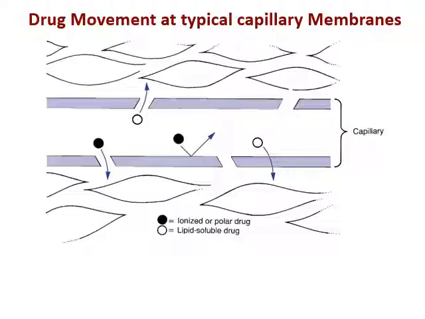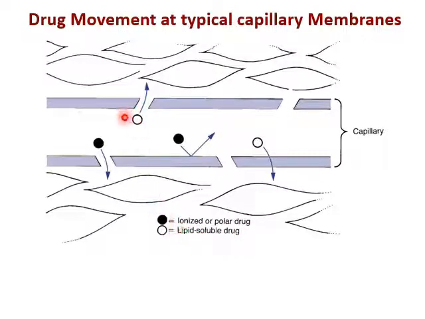So let's look at a diagram of what this looks like. Now, I know it's just a cartoon, but it does a pretty good job. If we take a typical capillary, so this could be, say, muscle or liver, we've got two kinds of molecules here, ionized or polar molecules and lipophilic drugs.